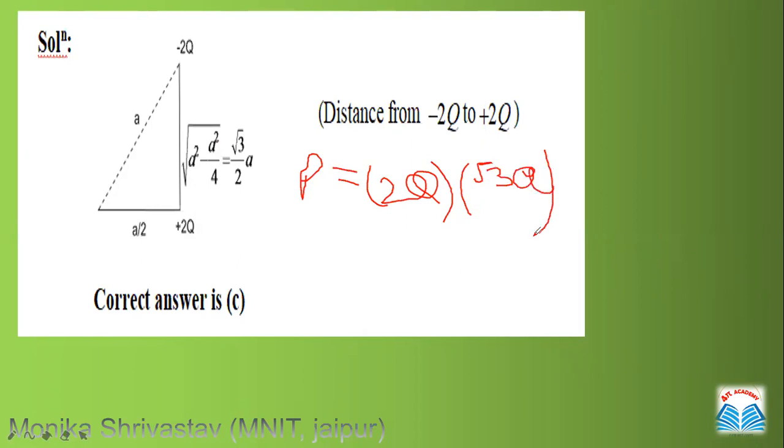We have calculated the distance between these two charges. So this 2 will cancel this 2, and we will get root 3 a q. So the result is root 3 a q. Now we have to consider the direction too.